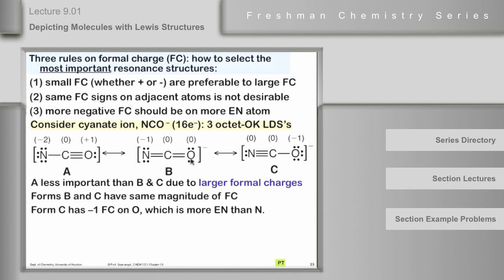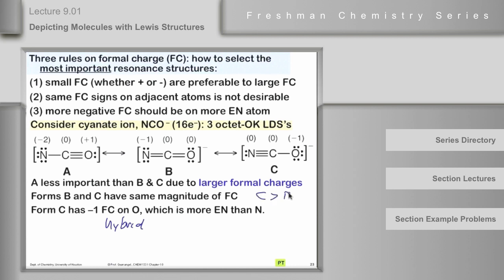What do I mean by that? Well, if you look at the characteristics of C, get the pen turned on here. The cyanate hybrid probably has, if you look at the two best of these, C is the best one.